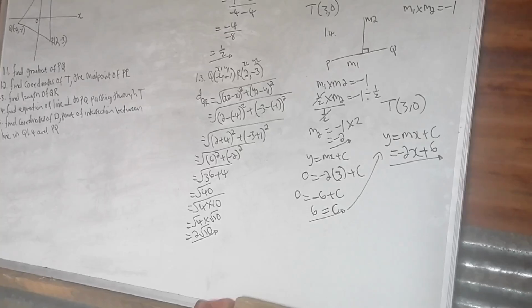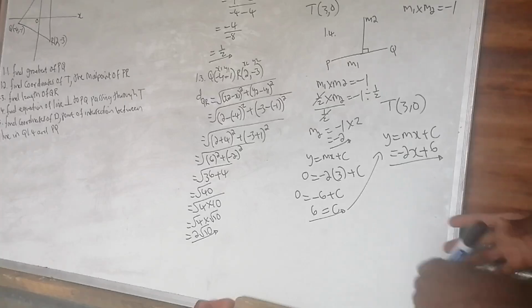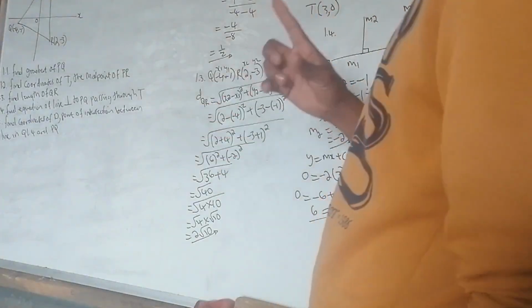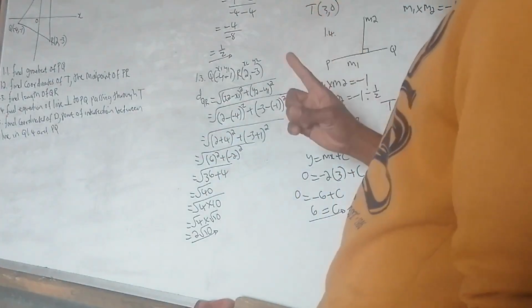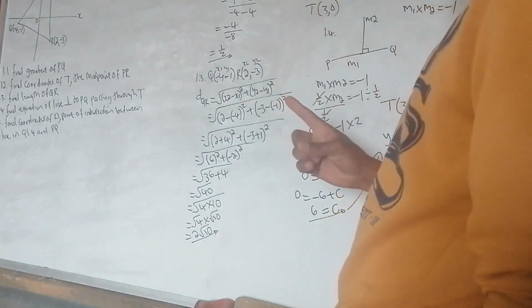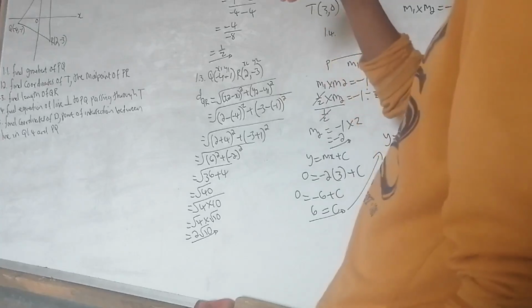Find the coordinates of D, which is a point of intersection between the line in question 1.4 and PQ. Find a point of intersection.